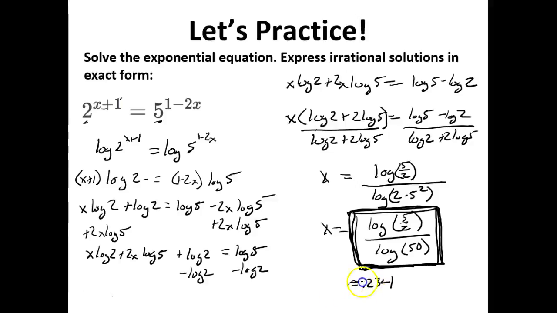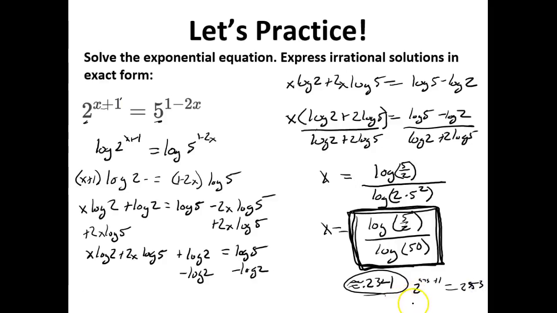So this is approximately this here, and if I wanted to check this answer, I would keep the full number that's on my calculator, so I would do 2 to that answer that's on my calculator plus 1, see what that is equal to. So I do 2 to the power of that answer plus 1, and it comes out to be 2.353.